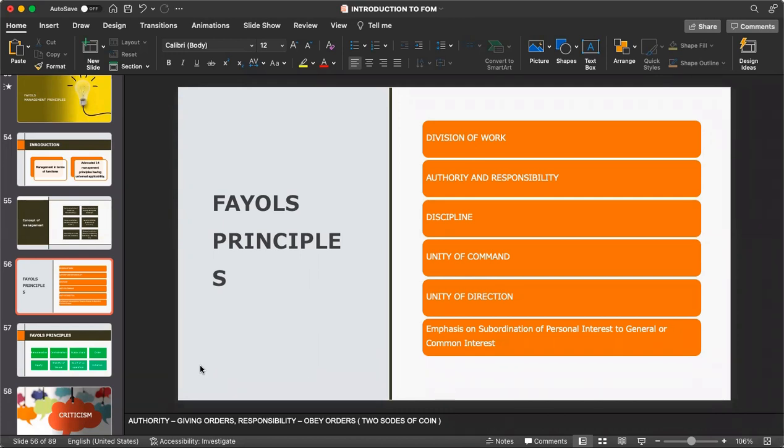For example, if I'm giving an order to Anubhav that he needs to complete this project by tomorrow, it is my authority, because he is my student. Anubhav's responsibility is to obey my order, follow my instruction, and complete the work as instructed by the faculty. That is authority and responsibility. Guys, are you getting my point? Second point is clear.